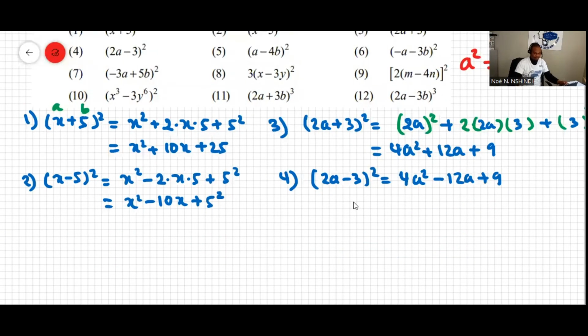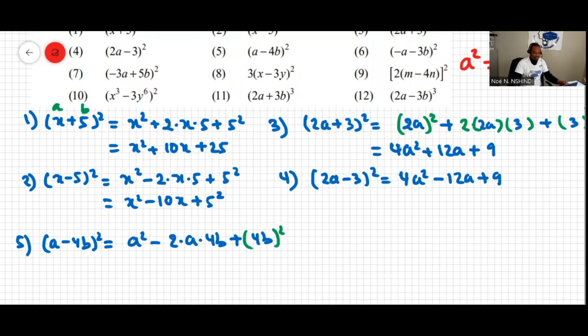Question 5. We have a minus 4b raised to the power of 2. Okay, this will be a squared minus 2a, b is 4b, okay, plus b squared, 4b raised to the power of 2.